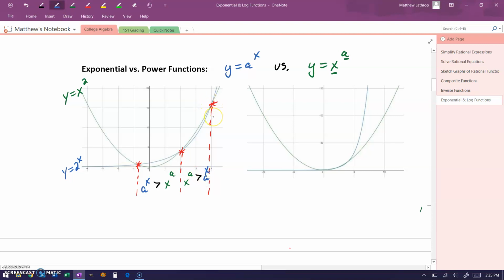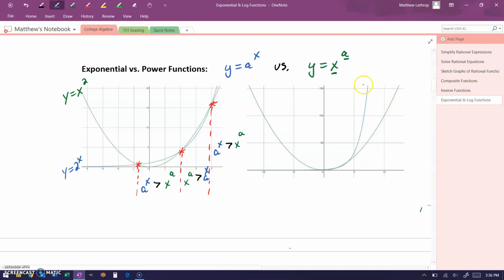But then after this third point of intersection, that flips around again and continues for the remainder of these functions as x approaches positive infinity. So over time, or for large enough values of x, in this case we're only around x equals 4, exponential functions are going to take on significantly larger function values than power functions.